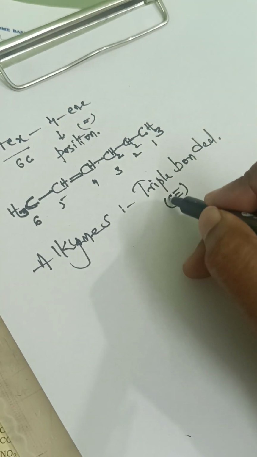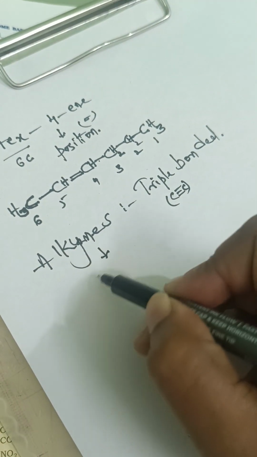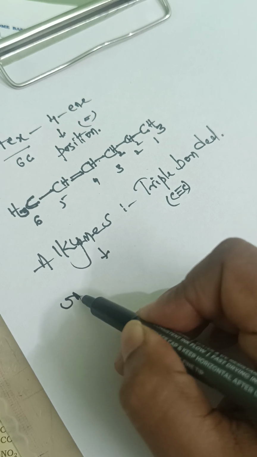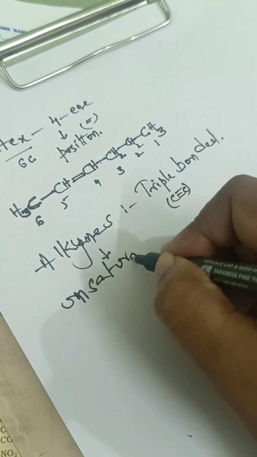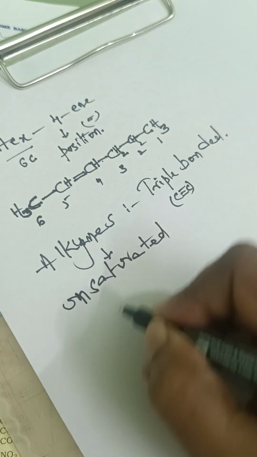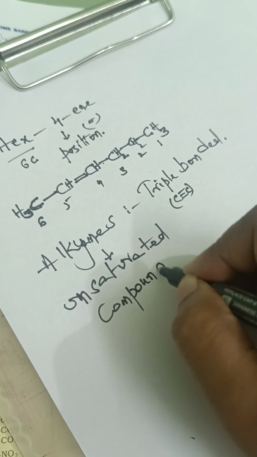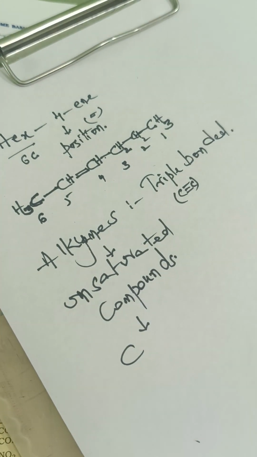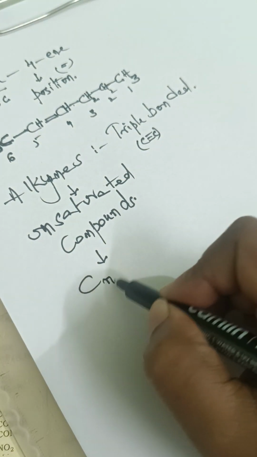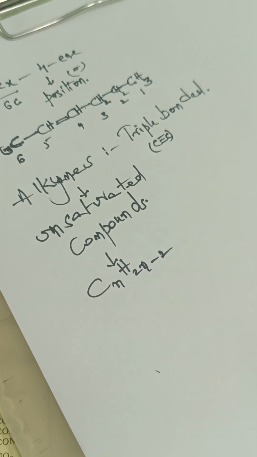These are unsaturated organic compounds. The general formula for alkynes is CnH2n minus 2.